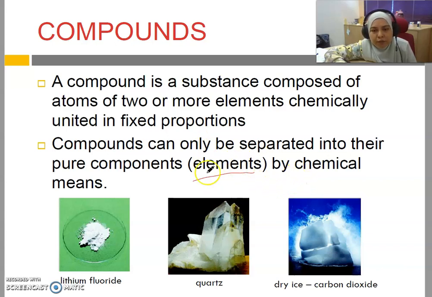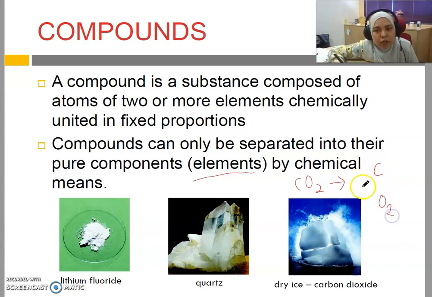Pure maksud dia elemen asal. Tapi menggunakan tindak balas kimia. Contoh CO2. Okay, bila banyak wujud dalam keadaan yang besar, kita panggil dia compound CO2. And then this CO2 you boleh pecah kepada carbon dan juga oksigen menggunakan chemical reaction.